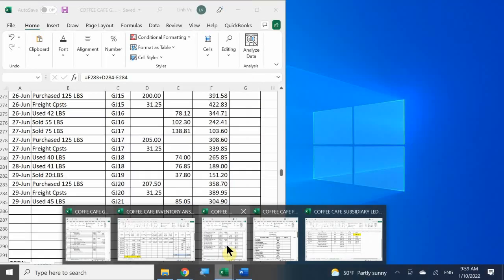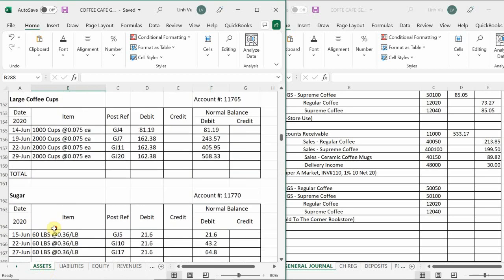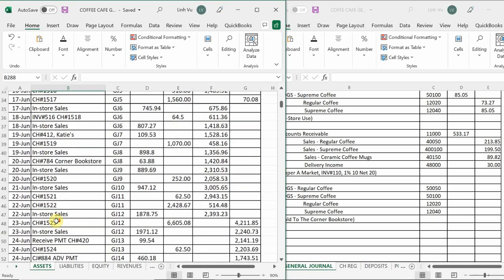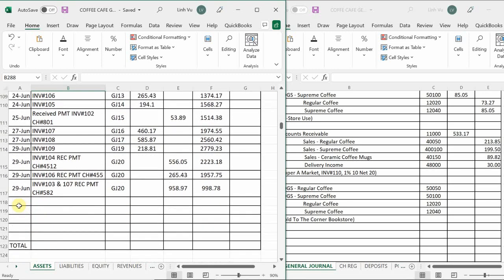So let's go ahead and update our ledger accounts here. So we got an accounts receivable, invoice number 110, Journal 21 for $533.17.